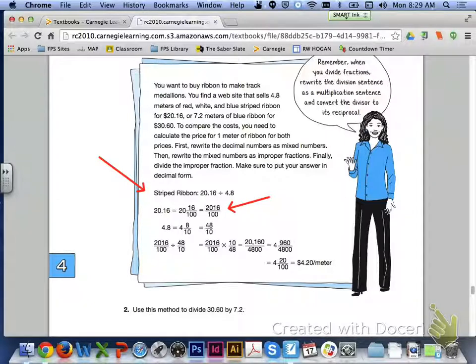And then they went ahead and converted those mixed numbers into an improper fraction. Here is the reciprocal step that they are talking about. If you have 2016 over 100 divided by 48 over 10, that would be the same as 2016 over 100 times 10 over 48.